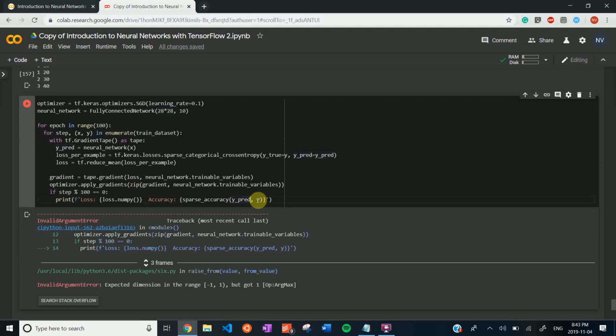Oh, I see why. The reason is I did the wrong order of the variables. This is why I tend to use keyword arguments like this instead.